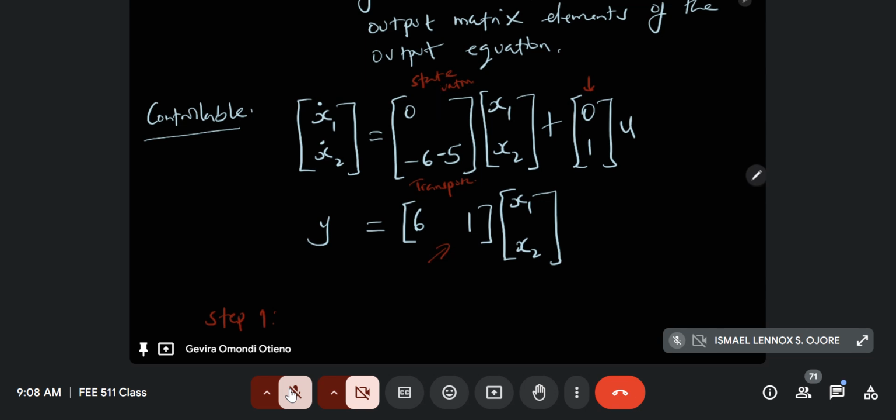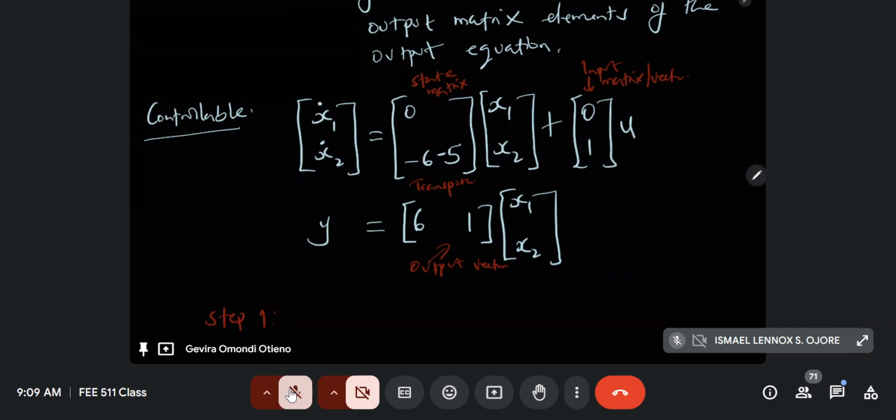Sorry, state matrix. My mind is already in the meeting. Let me finish this very fast. So this is the state matrix. This is the input matrix, or vector if you want to call it. And then this is the output vector in this case. Okay.